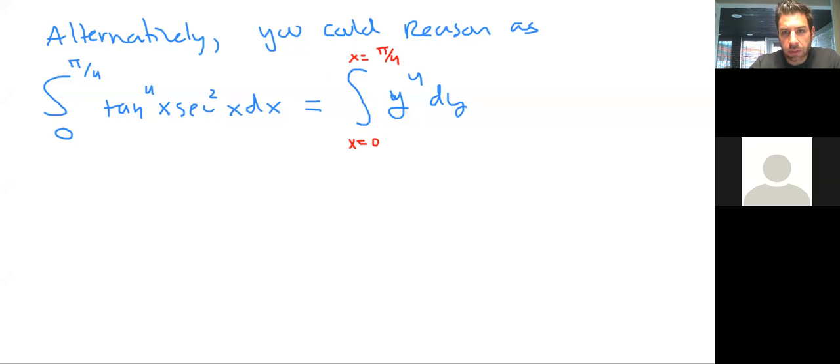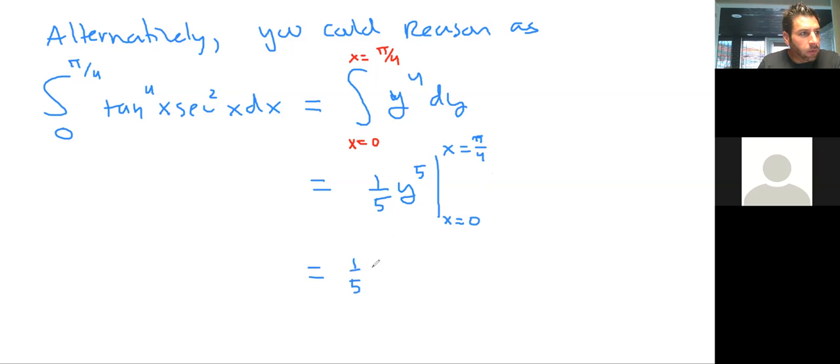And then if you would like to continue in this manner, now you integrate and you get 1/5 y to the 5th as we suggested. Once again, you have to be clear that the reader knows these bounds are in terms of x. Then if you want, you can sub back in like we had done before.